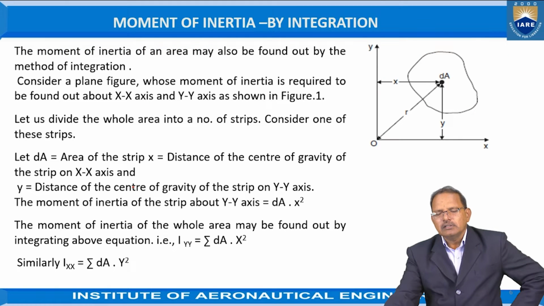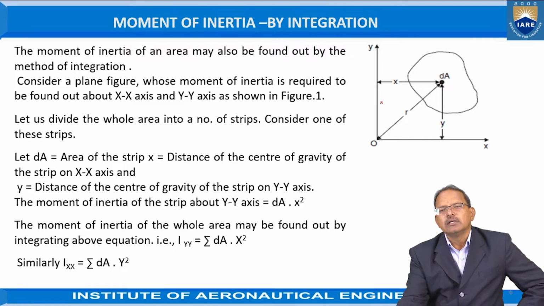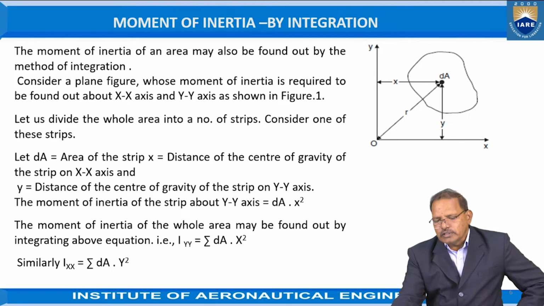The moment of inertia by using integration. Here the moment of inertia about the y-axis is given by the area multiplied by the square of the distance between the center of gravity and the reference line, that is dA into x square. Similarly, with respect to the x-axis, it is given by dA multiplied by y square. That is, y square dA represents the moment of inertia of a plane area about the x-axis.